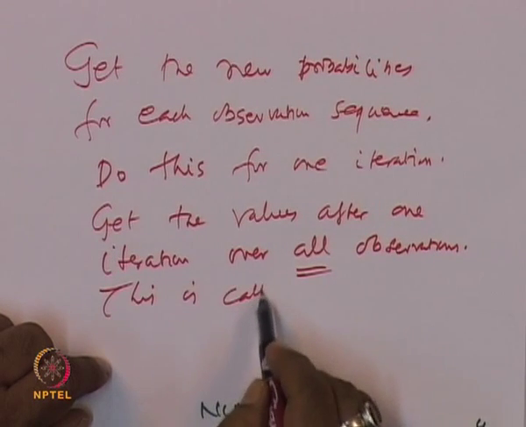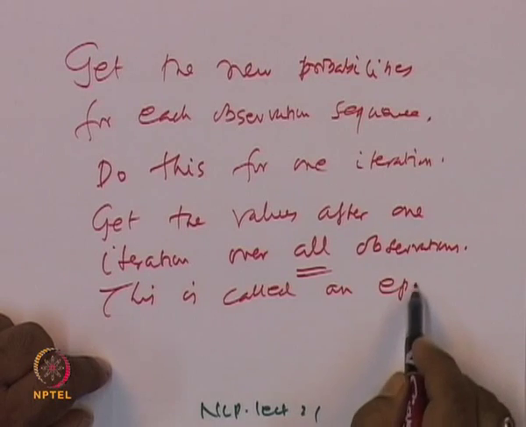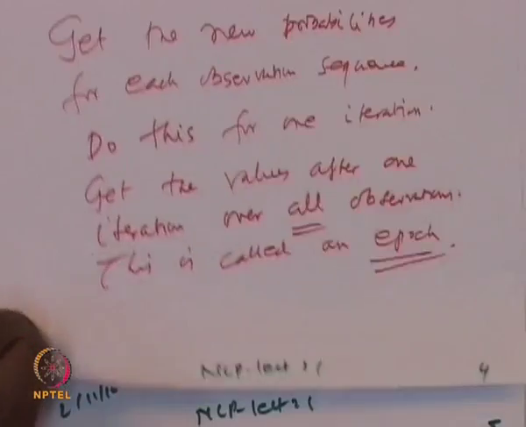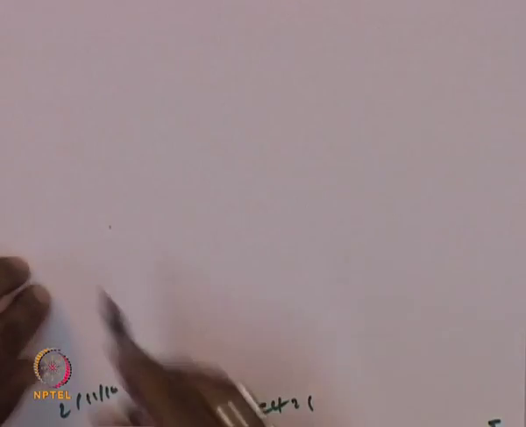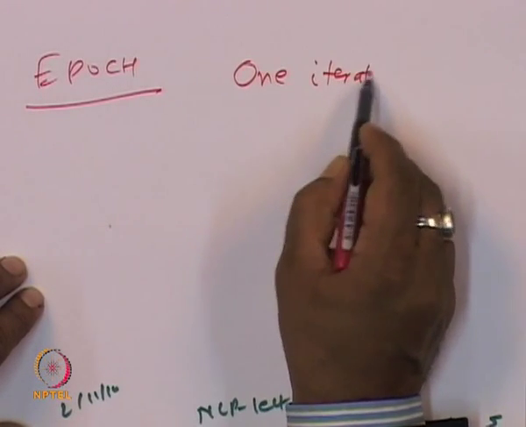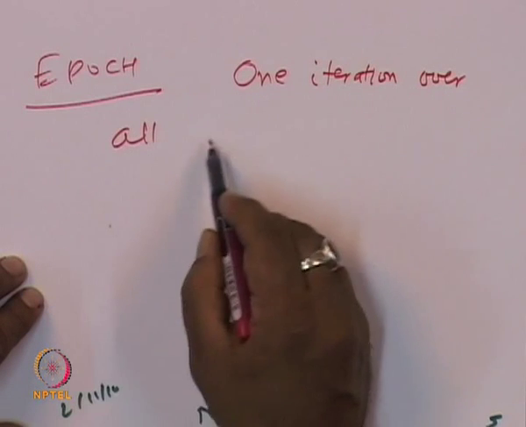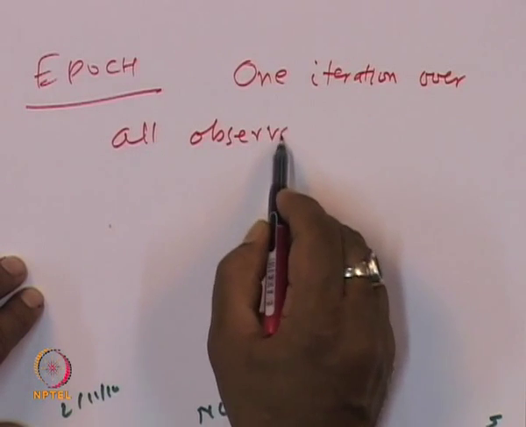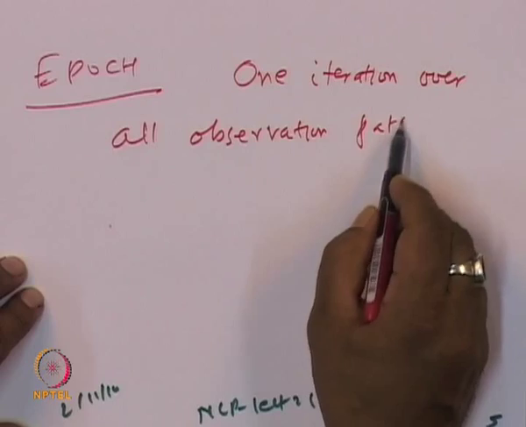This is called an epoch. So, let us write this definition here. Epoch is nothing but one iteration over all observation patterns.